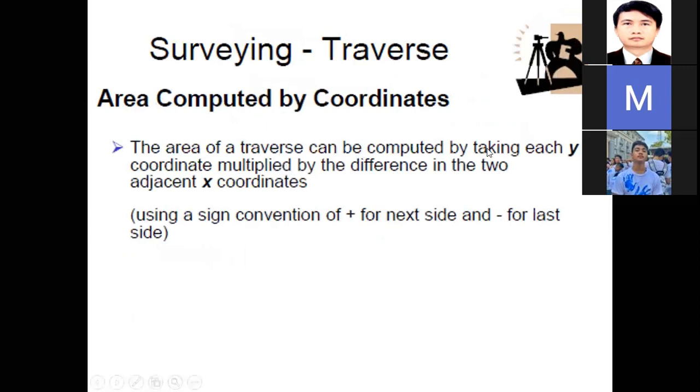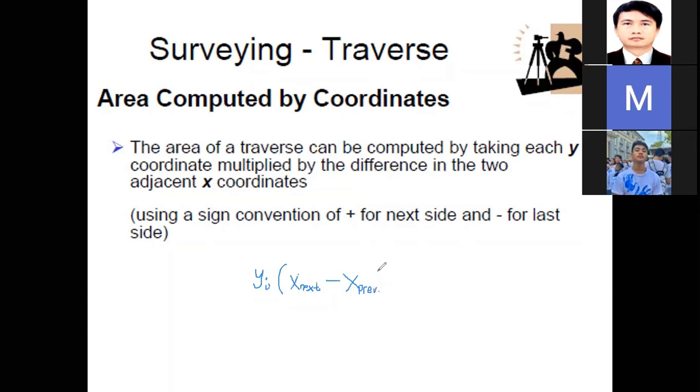The area of a traverse can be computed by taking each y coordinate, and we can set the formula as y sub i, any y value or coordinate, multiplied by the difference of the next two adjacent x coordinates, the x next minus x previous.